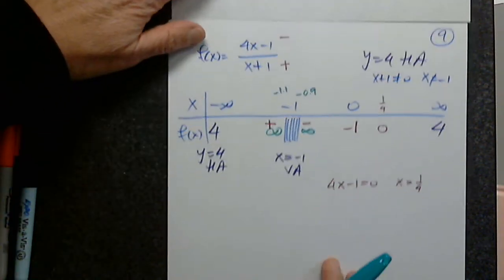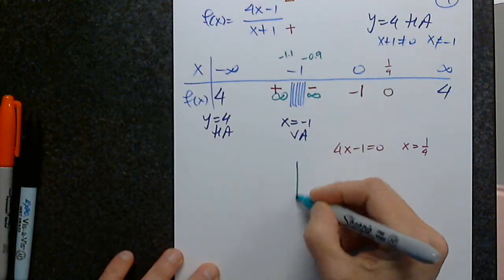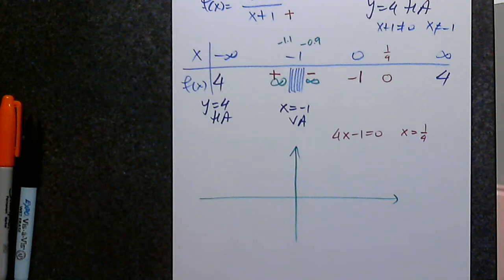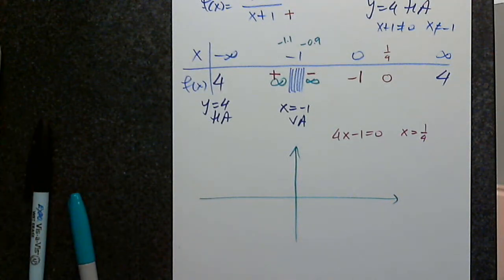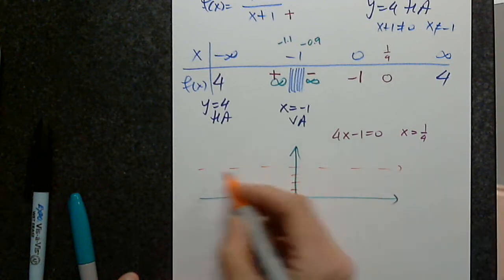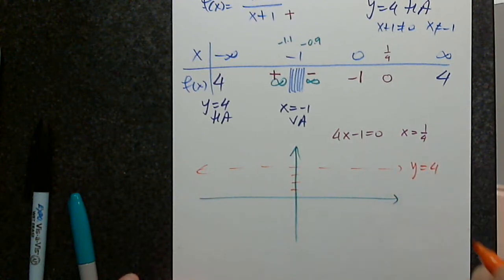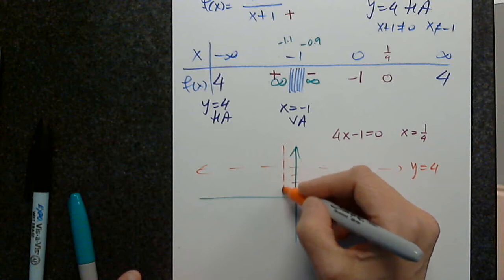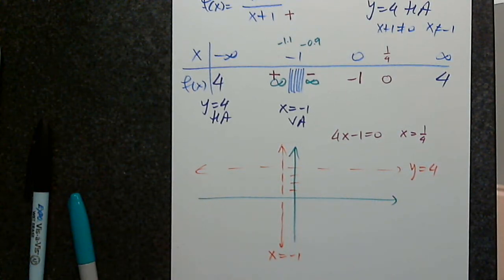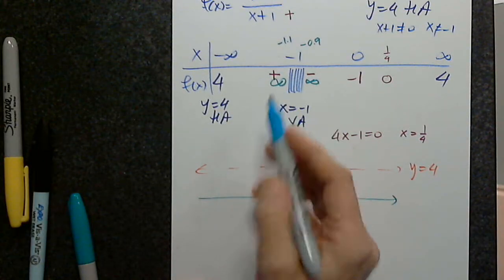Let's attempt the graph. First, we graph asymptotes, always. 4. And negative 1. Again on the right-hand side, from 4 to infinity.